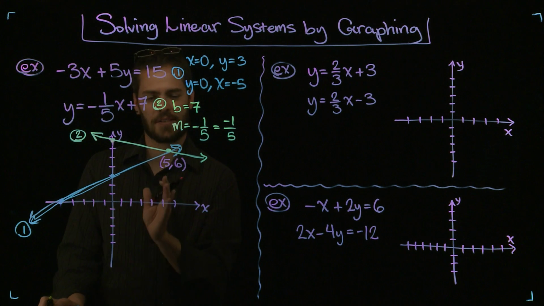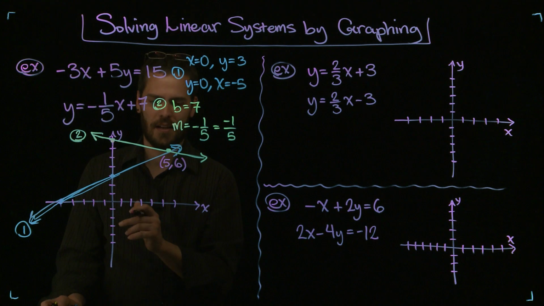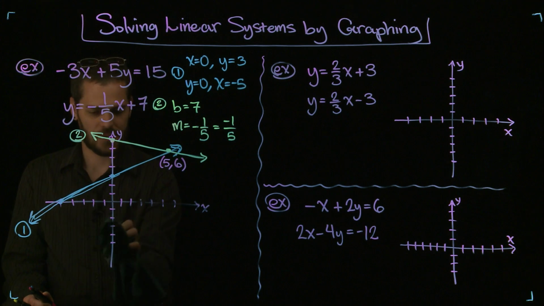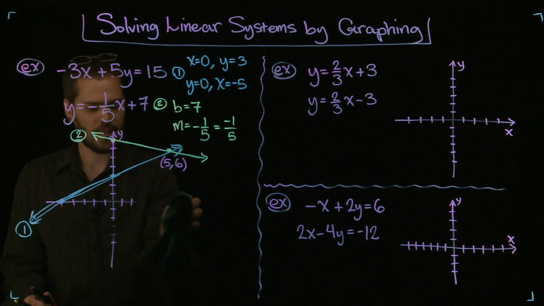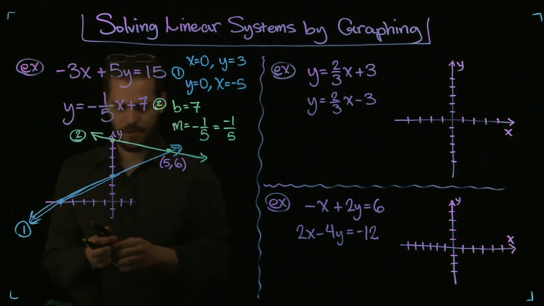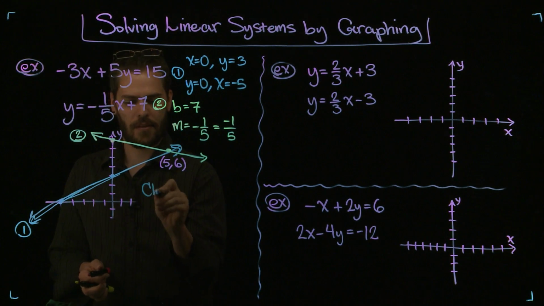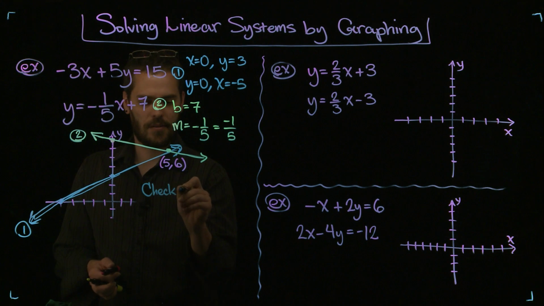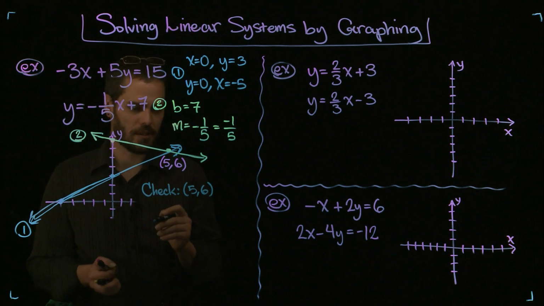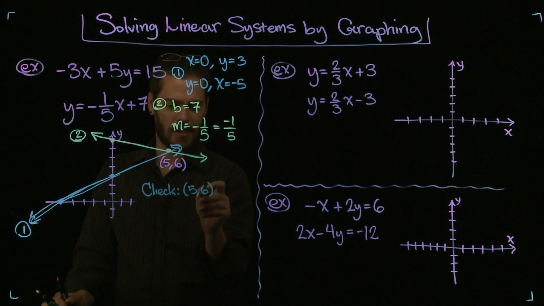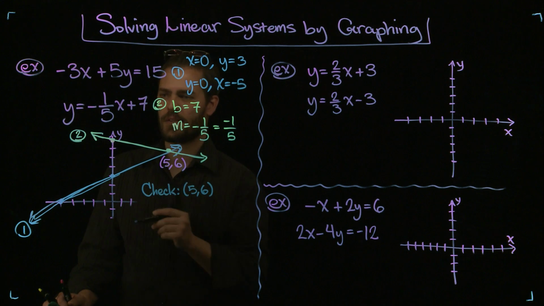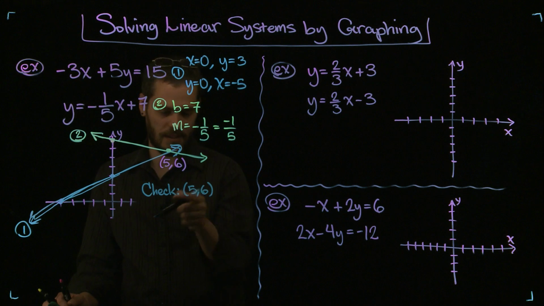I should check the solution to see if indeed that matches. So let me erase part of this graph just to create some space to check my solution. Check. Five comma 6. And what I'm doing here is I'm going to plug in this x value and this y value into both of those equations, and if both equations show that they are true, then indeed that is the solution.